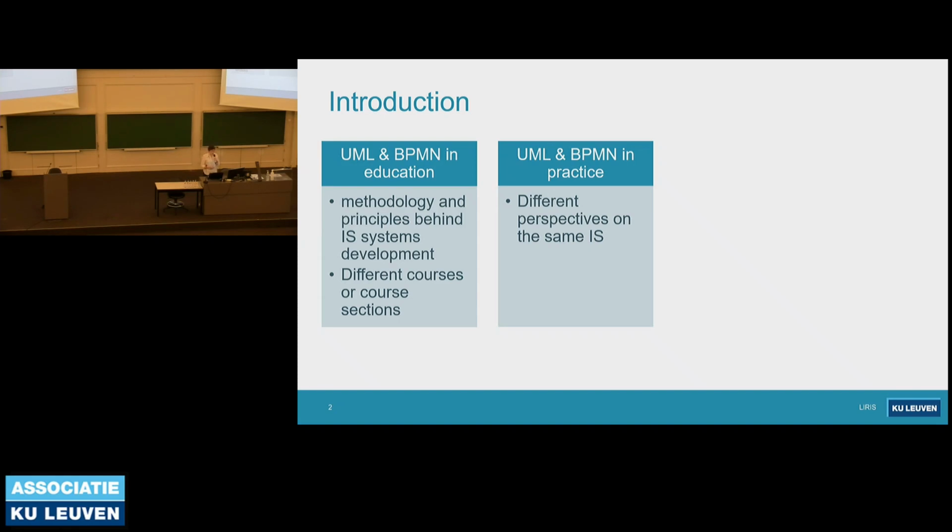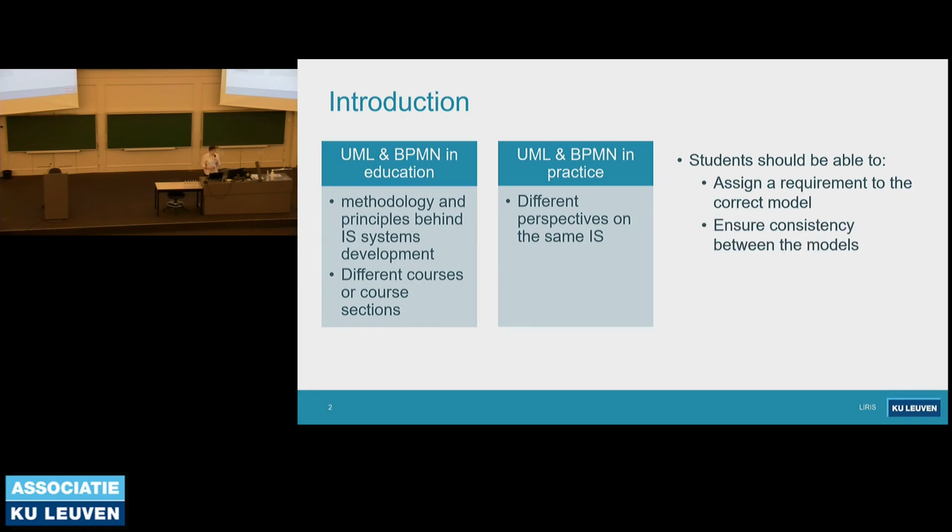So therefore, it's important that students are able to assign a certain requirement to the correct model. So when they see a case, they should be able to identify whether it's part of a UML class diagram or the BPMN process model. And they should also be able to ensure consistency between these models. In other words, they need to be able to co-model the data perspective and the process perspective.